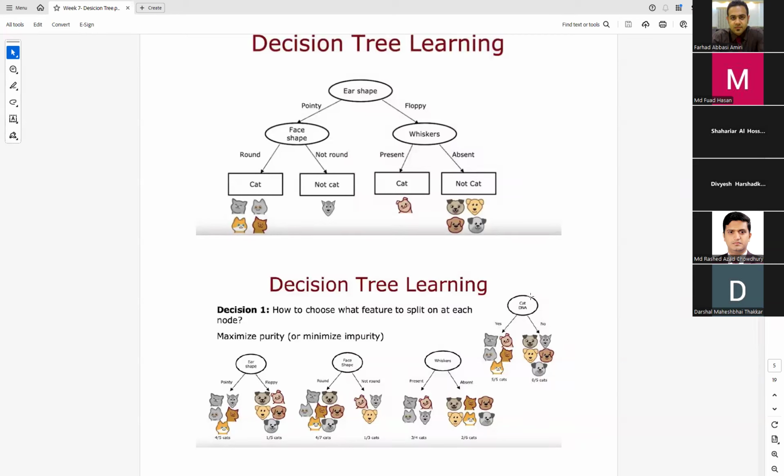So if I have a feature on this root node, then I can split the data points on this accurate and pure feature, and then I have two subset of data, left branch and right branch. You can see that on the left branch, 5 animals out of 5 is cat. And this one, none of them are cat, all of them are dogs. So this feature is very pure.